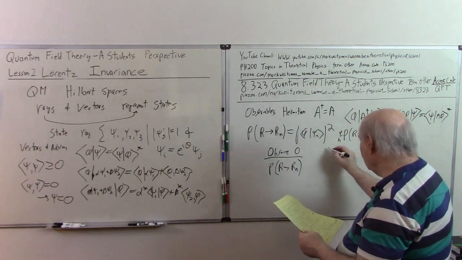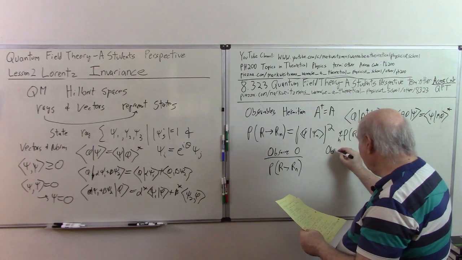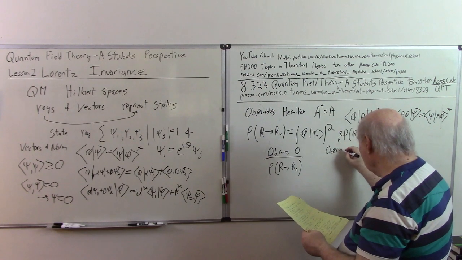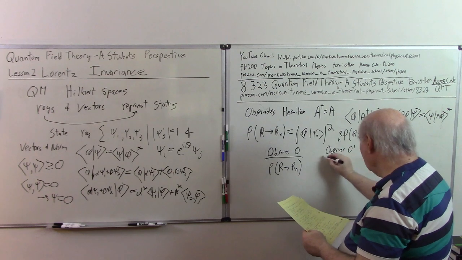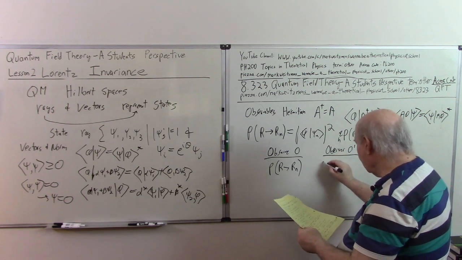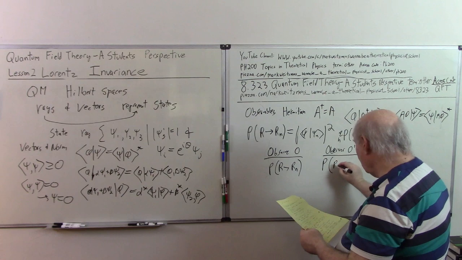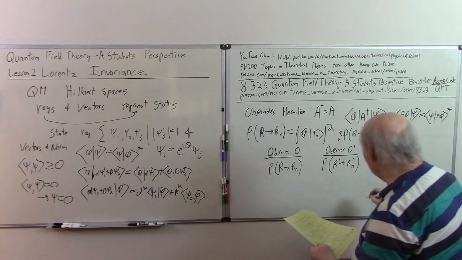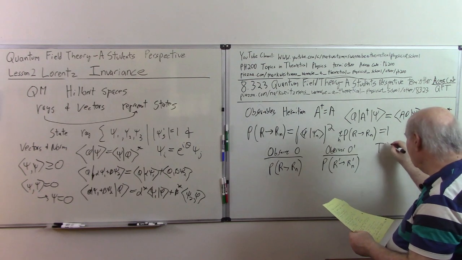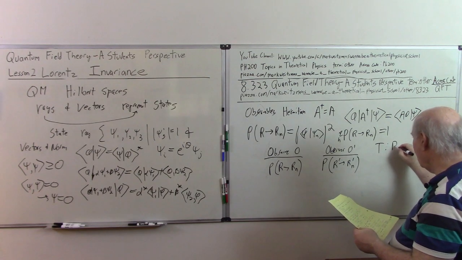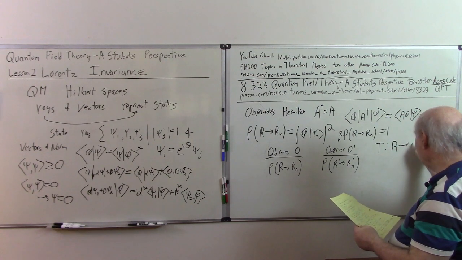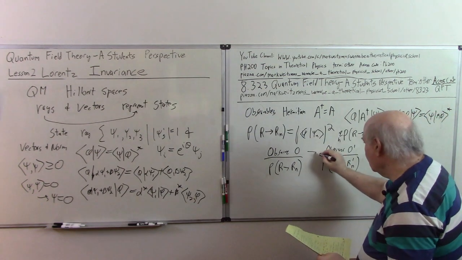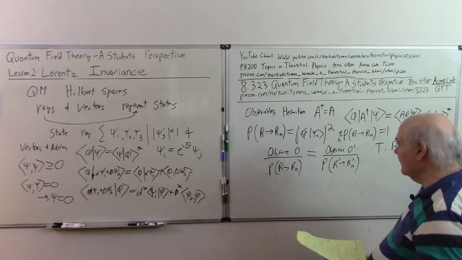And our other observer, after the symmetry transformation, is going to calculate the probability that R prime goes to Rn prime. In other words, the symmetry transformation T maps R to R prime, and these probabilities have to be equal. That's what a symmetry transformation means.